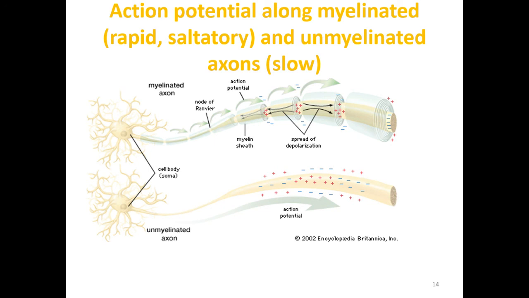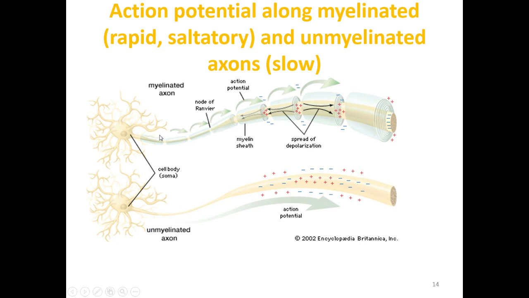When the axon does not have myelin sheath, action potential can be recorded at every point along the axon. However, when an action potential is present in a myelinated axon, ion movement can only be detected at the nodes of Ranvier, where there is no myelin sheath. At the nodes of Ranvier, there are many sodium and potassium ion channels.